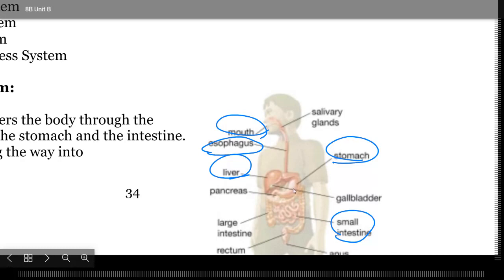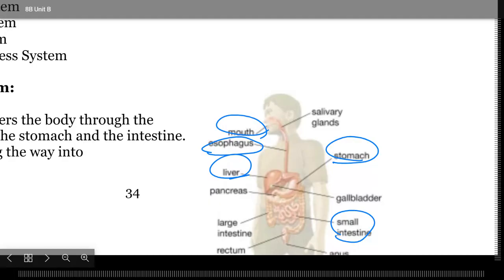As the stomach finishes, the bolus becomes a white, watery liquid, and it goes all the way to the small intestine. This is the small intestine. The liver, pancreas, and gallbladder all secrete digestive juices to break down whatever the stomach did not do. The small intestine is absorbing all the nutrients of the food.